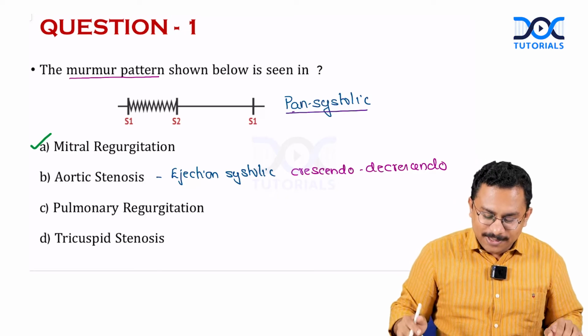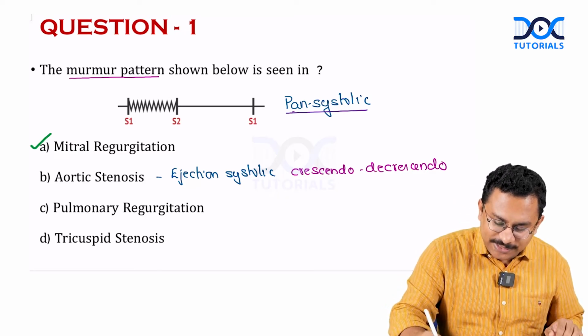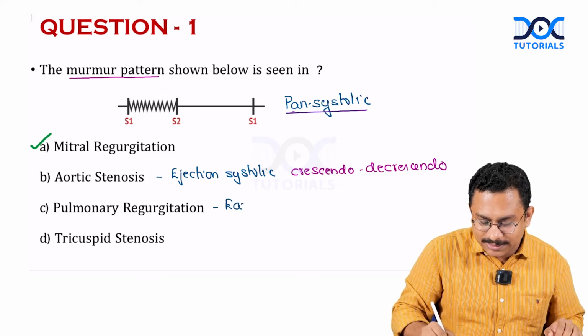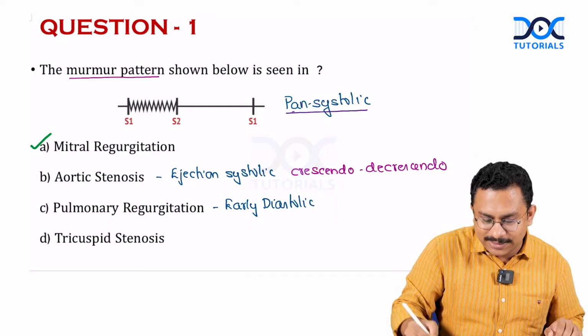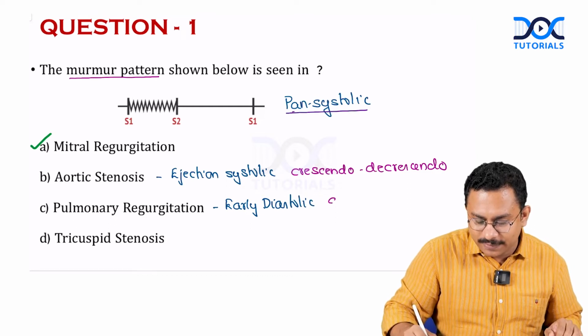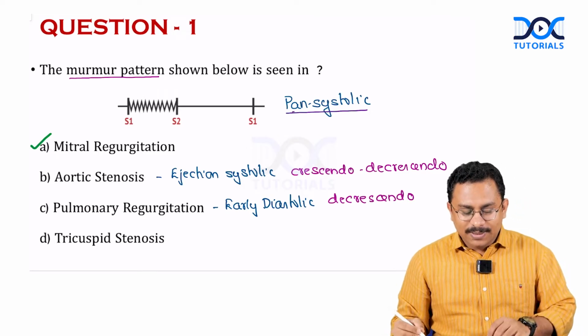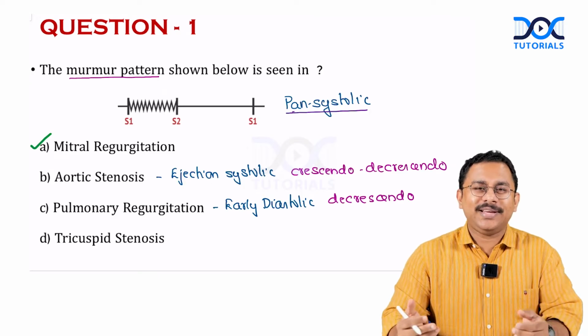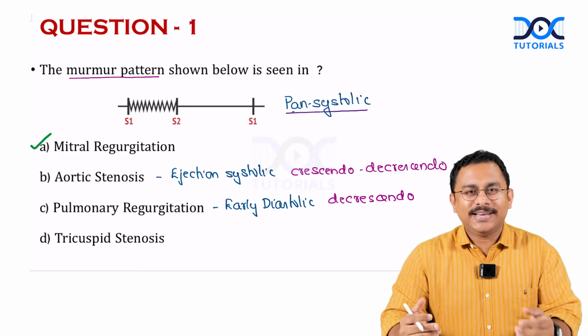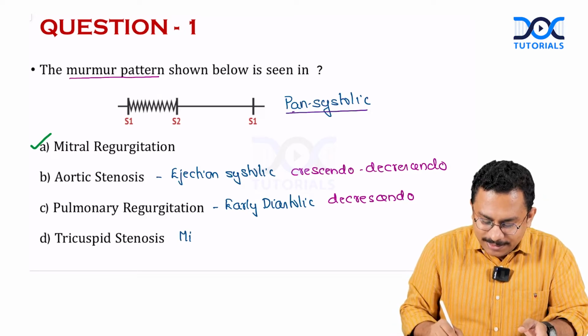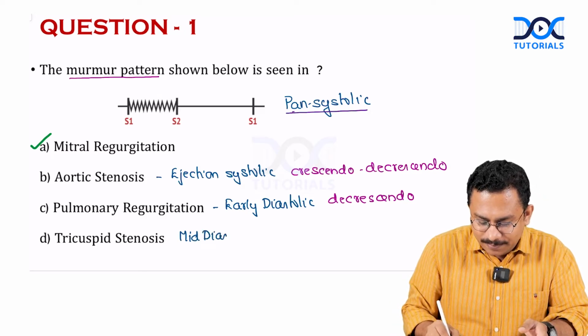Pulmonary regurgitation, we just saw that this is an early diastolic murmur, and often has a decrescendo configuration. And tricuspid stenosis, we just saw that just like mitral stenosis, it can produce a mid-diastolic murmur.